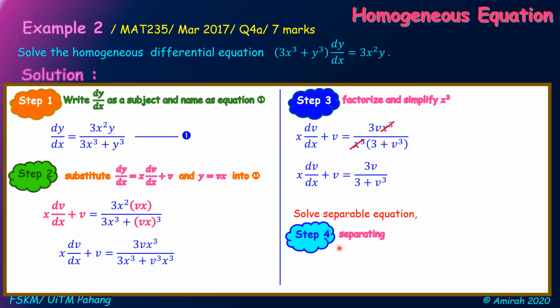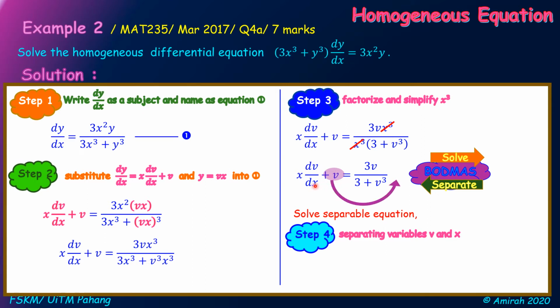Step 4, separating variables v and x. When we want to separate the variables, we can follow BODMAS in backward, which means we separate subtraction and addition first. So plus v on the left hand side, we move to the right hand side. We have x dv/dx equals 3v over 3 plus v cubed minus v.